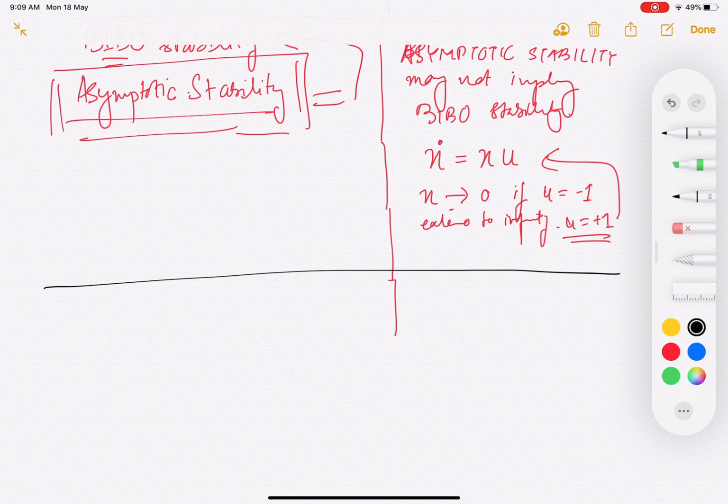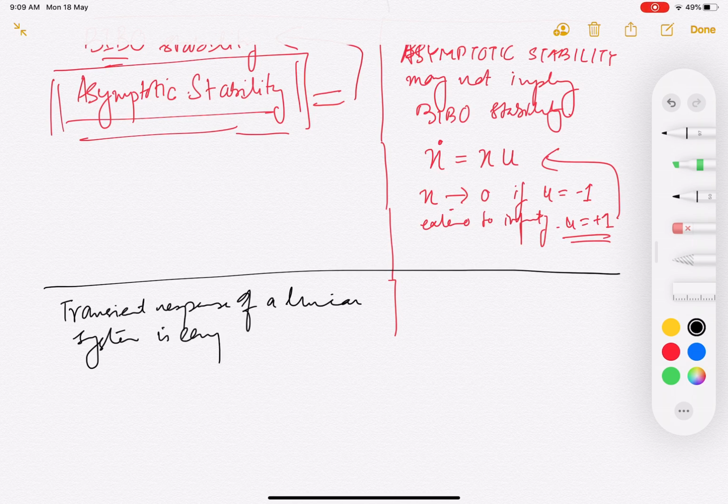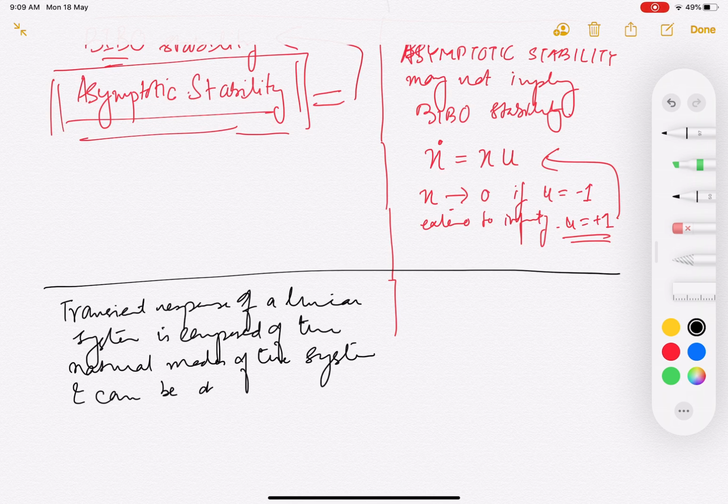The transient response of a linear system is composed of the natural modes of the system and can be obtained analytically, right?